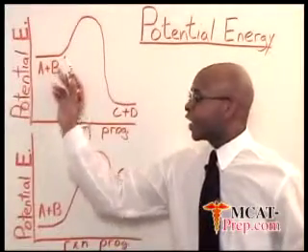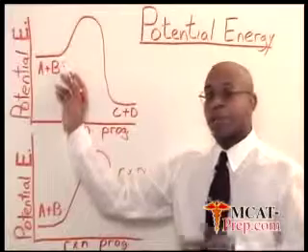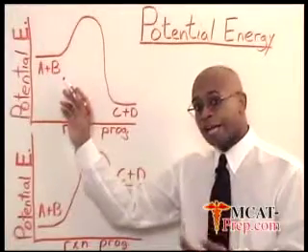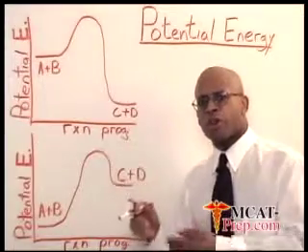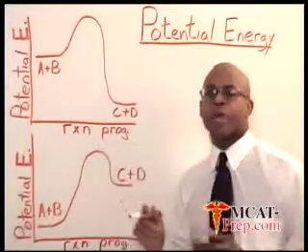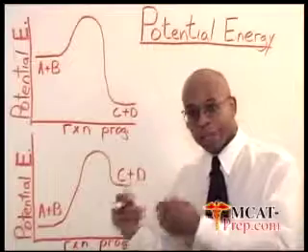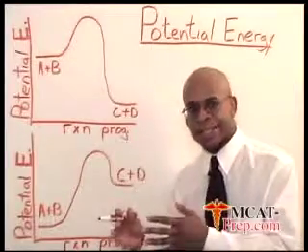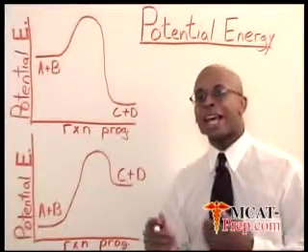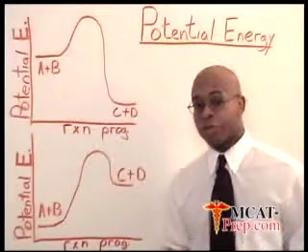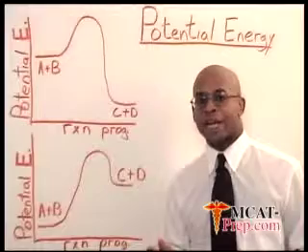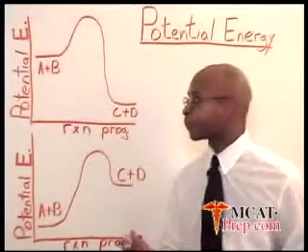The change here is that A plus B, the reactants, have much more than the products. So therefore, energy must have been released in the reaction. If energy is released or energy exits a reaction, we call that an exothermic reaction.